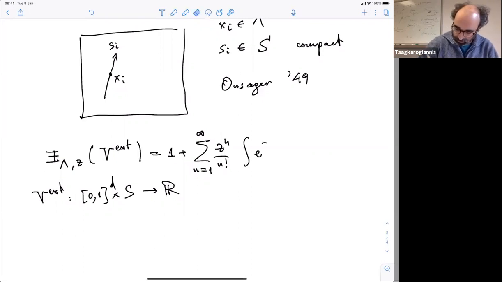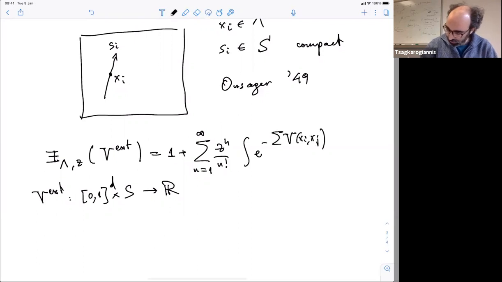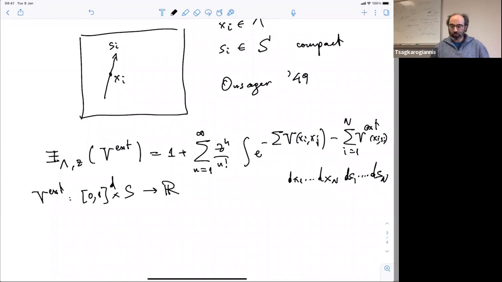So it will be besides the xi xj, and then I also add the external field, which is on xi and on si, and I integrate over all x and all s. Okay, so this is the inhomogeneous case.